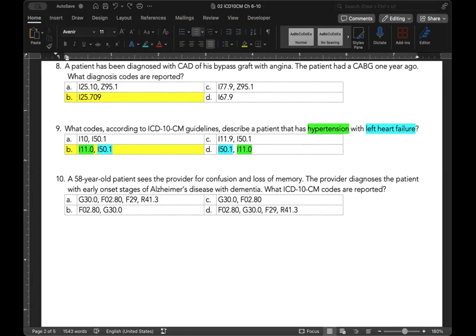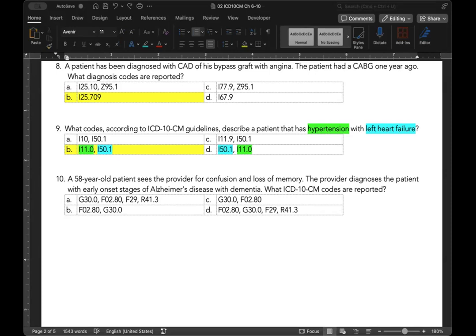So G30.0 is your Alzheimer's disease with early onset. And then the second code that was in brackets is going to be the F02.80. So let's go look at our F02.80, make sure that that matches, see if that is our dementia component. And it is.